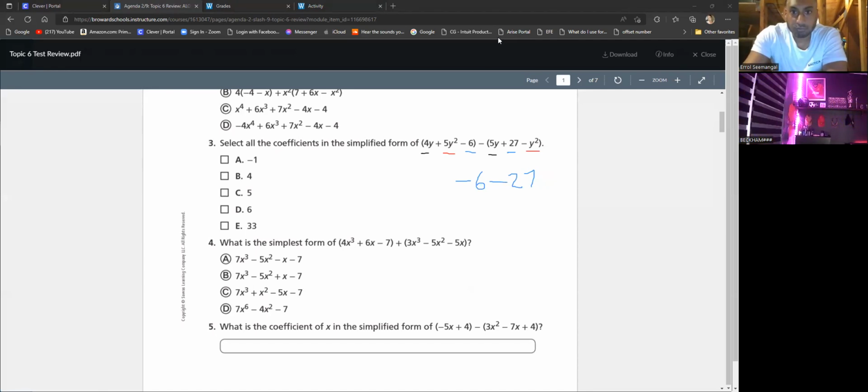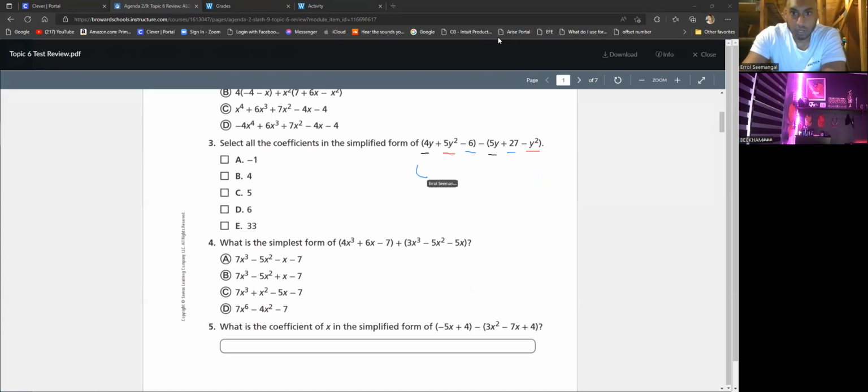The y, this one right here and this one right here, are those like terms? No. Why not? Wait, they are. Why are they like terms? It's 4y and 5y. Because it's just y to the power of 1. Okay. So number 3, select all the coefficients in the simplified form of that.